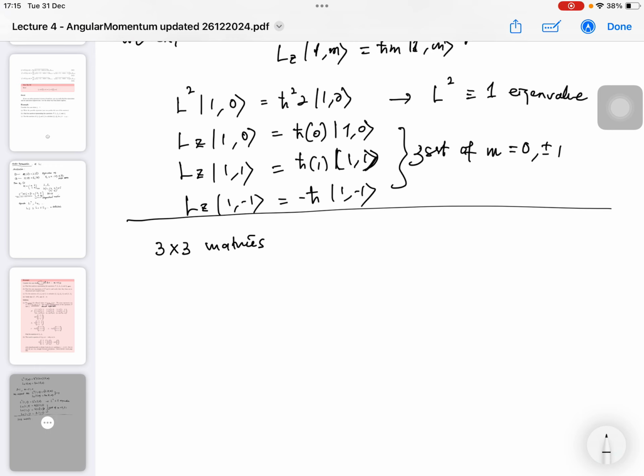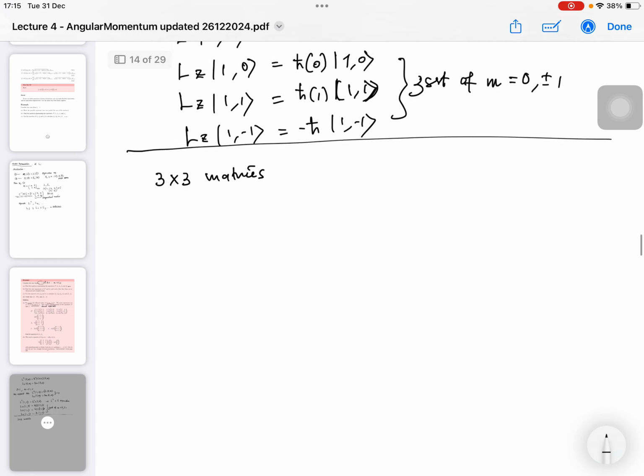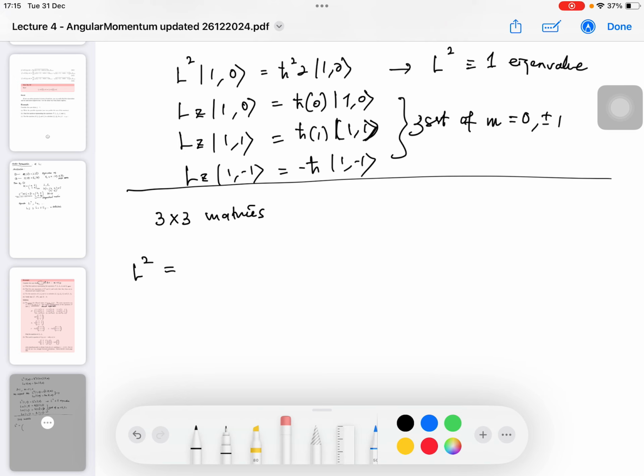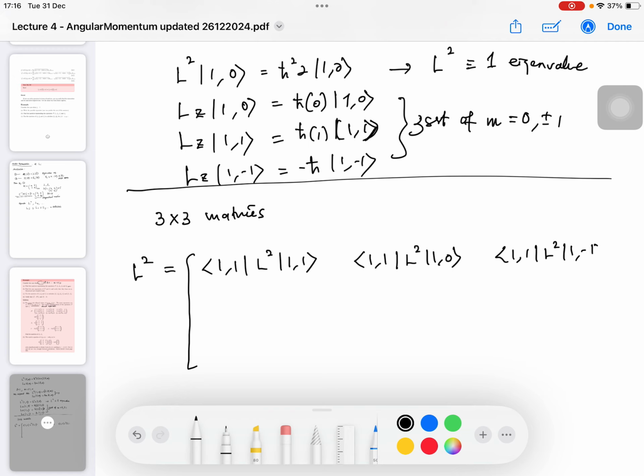And then you design it as follows. You can interchange the order. This is how you build up your matrices. The first one is bra 1, 1, L square, ket 1, 1. The second one is bra 1, 1, L square, ket 1, 0. And the third one is bra 1, 1, L square, ket 1, minus 1.